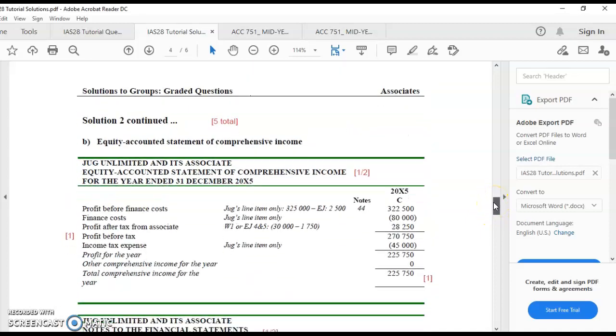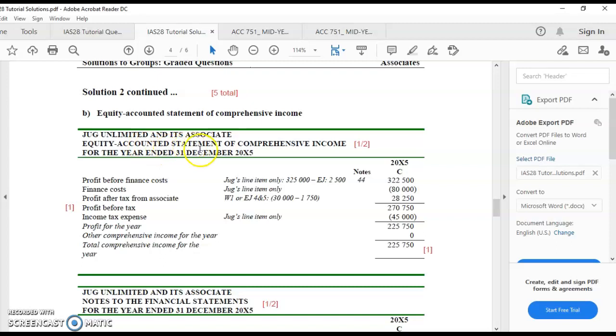Statement of financial statements, equity accounted statement of comprehensive income. And yes, you can see that everything that's here comes from only the line items of JAC.